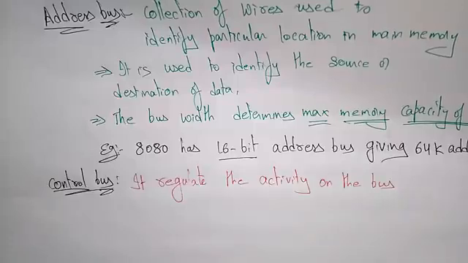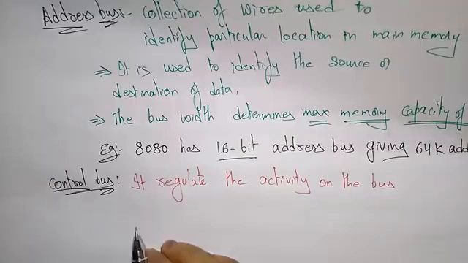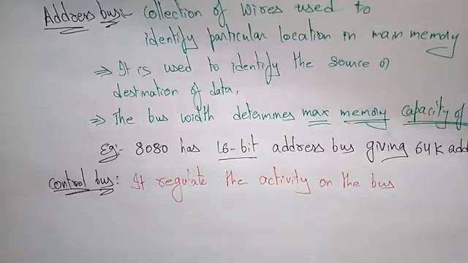What does it mean? It is saying when to read the data, when to put the data on the data bus, and when to read the address of the memory location. Based on the address of the memory location, at what time the data has to be put on the data bus. So it always regulates the activity on the bus.